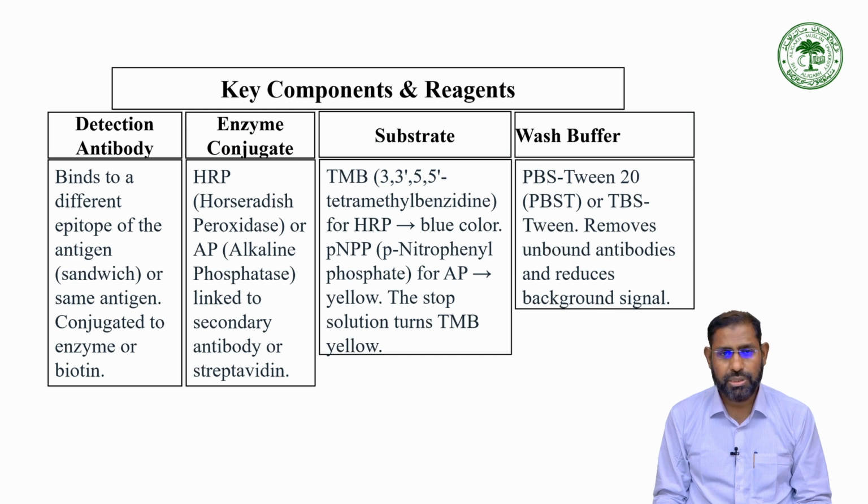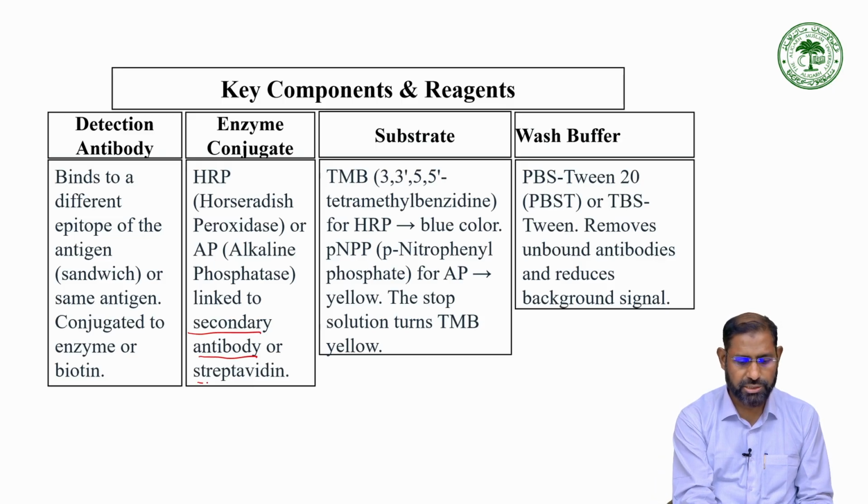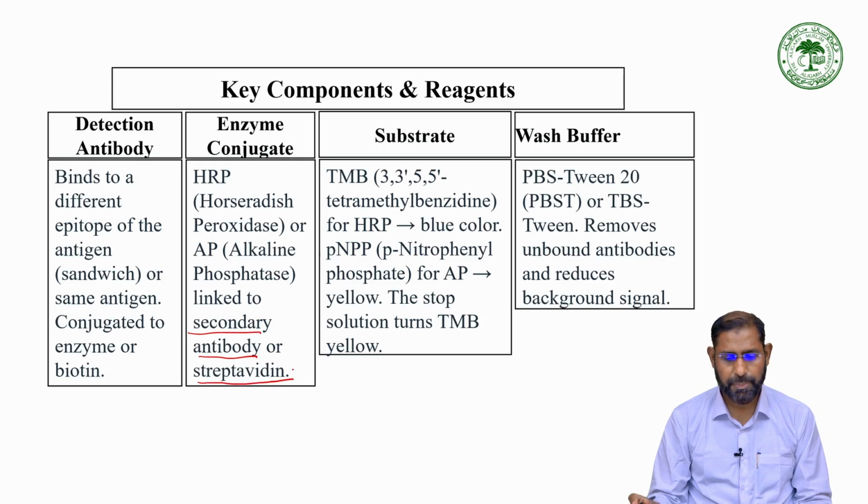For the enzyme conjugate, we use HRP, that is horseradish peroxidase, or AP, alkaline phosphatase, linked to a secondary antibody or streptavidin. What substrate do we use?